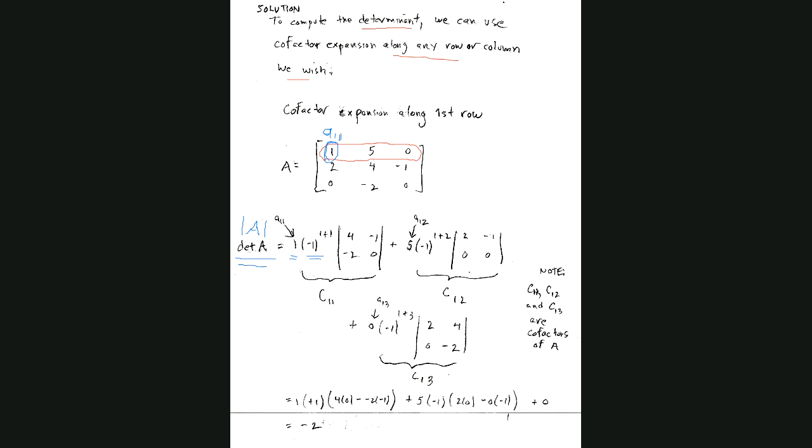But because 1 is in the first row and the first column, the power is going to be 1 plus 1. That's going to be the power.